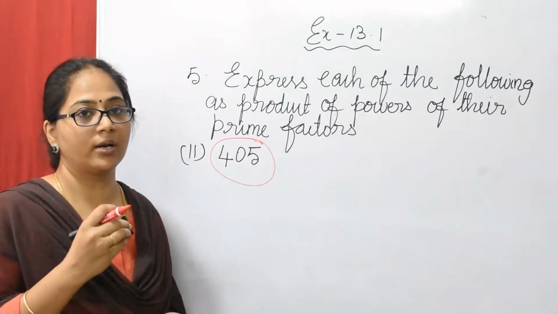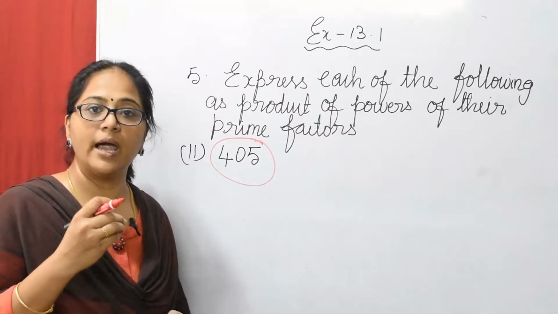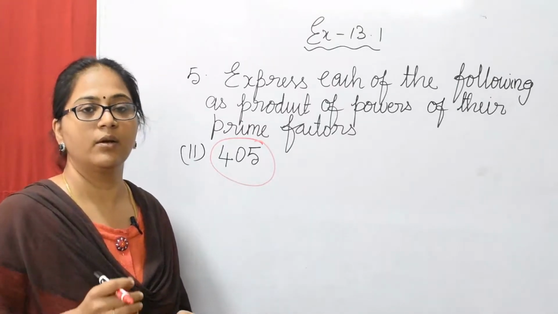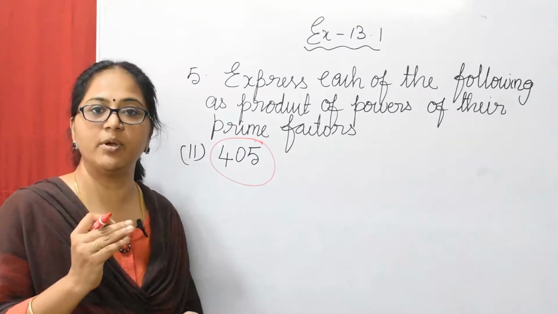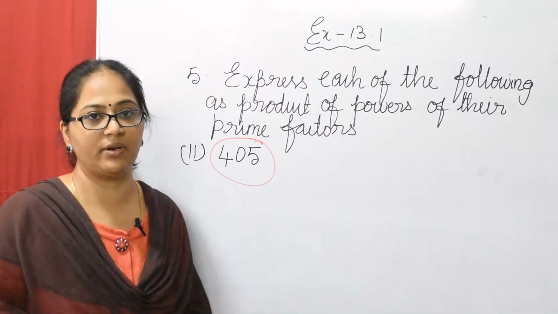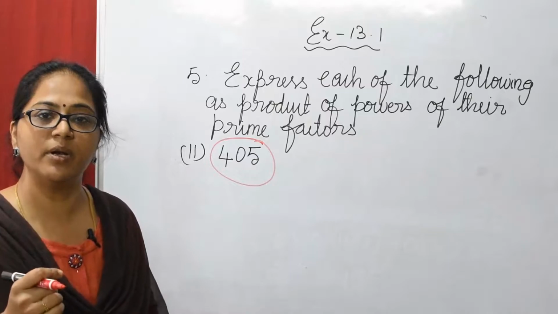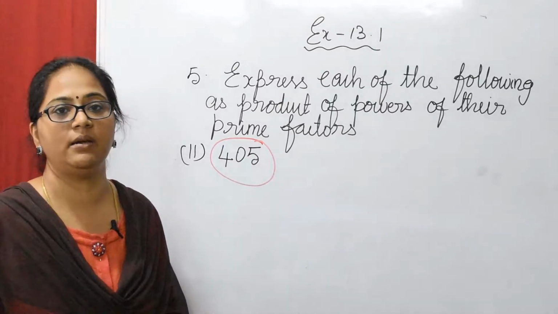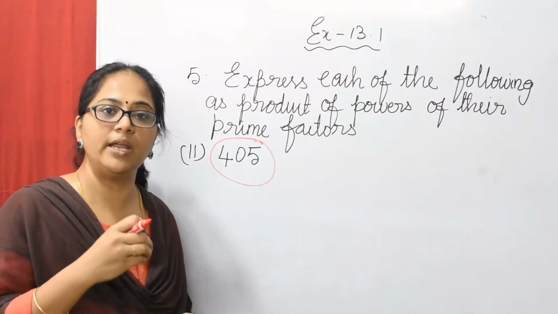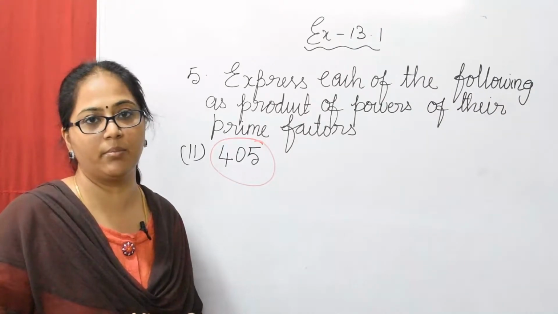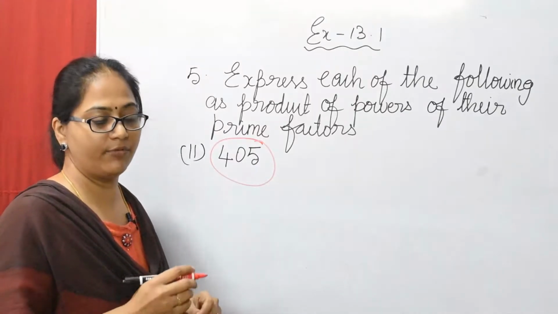Prime numbers are numbers which have only the same number and 1 as their factors. For example, 7 is divisible only by 1 and 7. Number 3 is divisible only by 1 and 3. So a prime number means a number which is divisible only by 1 and the same number. Understood? Now let's start with the sum 405.